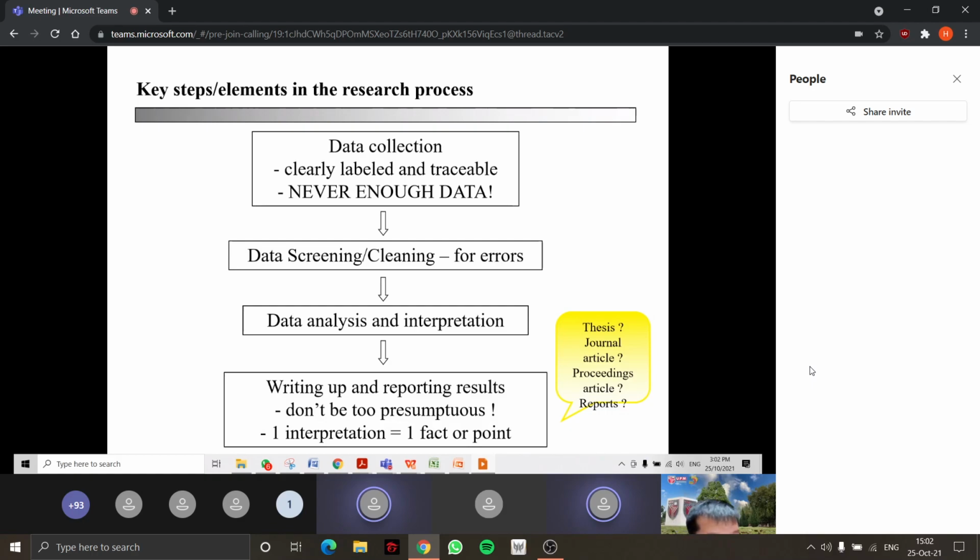This is something that is very, very important for you to understand. This is how you structure your write-up. First, start with results. Each result, one point, one fact.